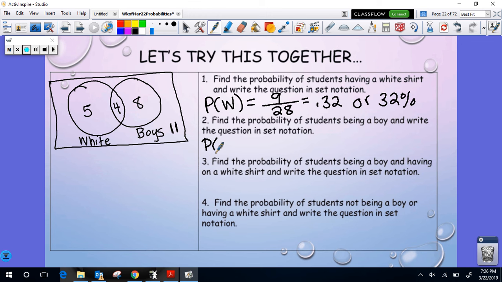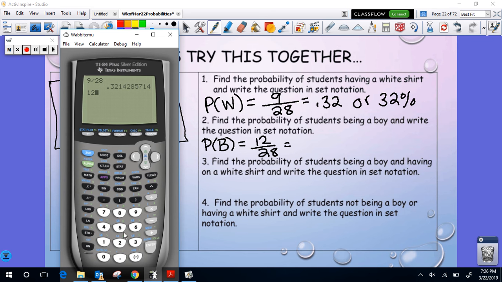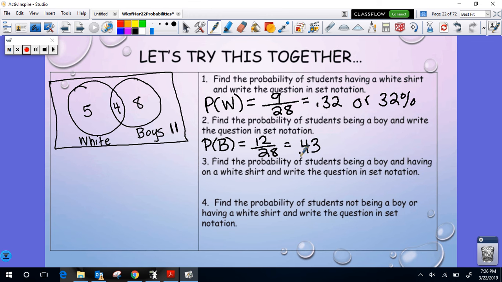So the probability of being a boy equals how many boys I have in all. I have 12 boys in all out of 28 people. This is my set notation, this is my probability, and I'm going to write it as a percentage. 12 divided by 28 equals 43%.